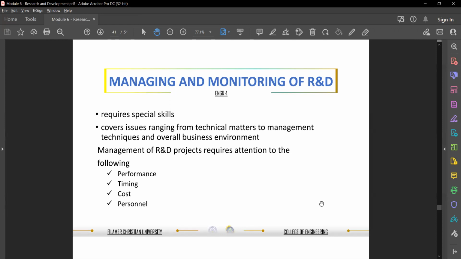So, meaning dapat multi-skilled person. Yeah. And management of R&D projects requires attention to the following. So, performance, timing, cost, and personnel. So, ito yung kailangan mong i-consider para ma-manage mo yung R&D projects mo.